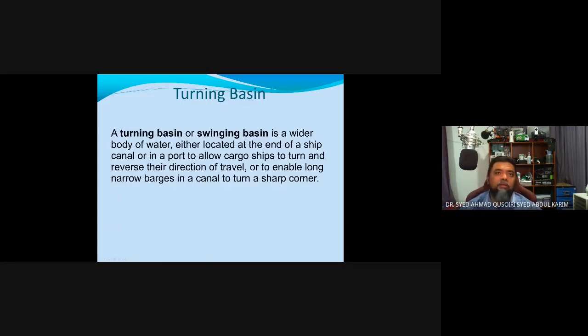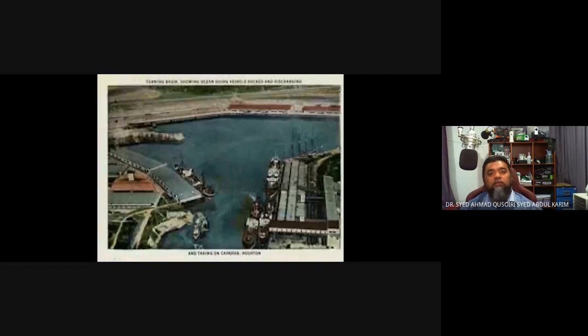Turning basin is a wider body of water, either located at the end of a ship canal or port to allow cargo ships to turn. Normally, the cargo ship would turn here, not with its own power, but with the assistance of the tugboats. Okay, so an example of a turning basin. It is a similar concept as the train's turntable.